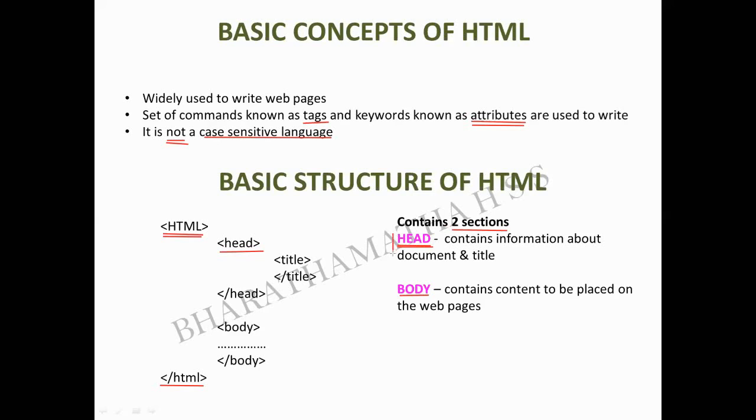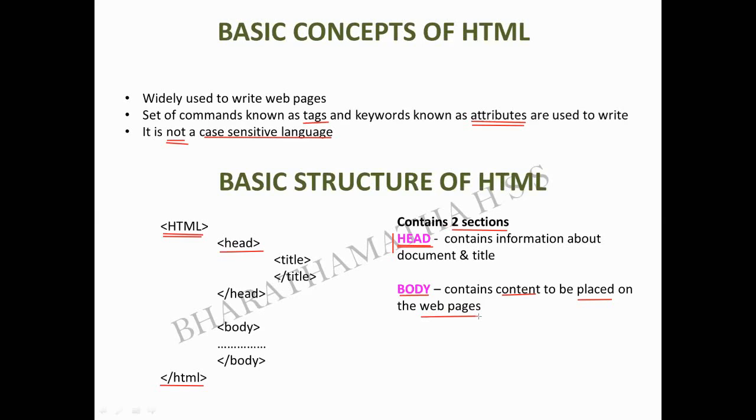Is it clear? The next one is your body section. It contains the content placed on the web pages. For example, you go to the Google search engine, you type a command or a keyword to search for something, you just click, and various websites are listed over there.